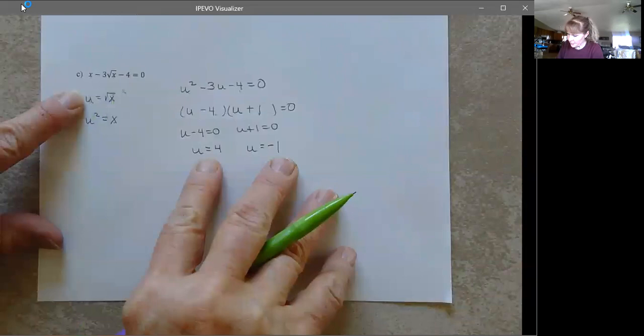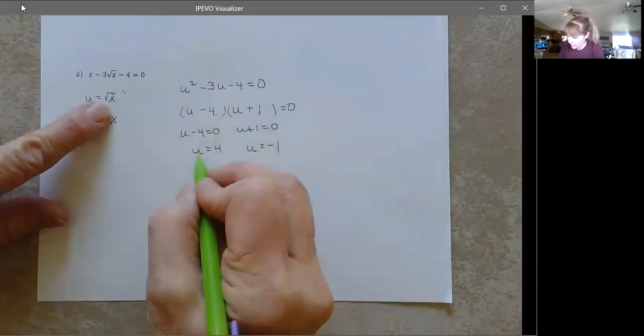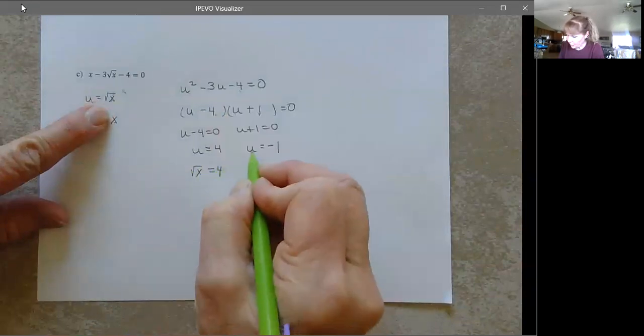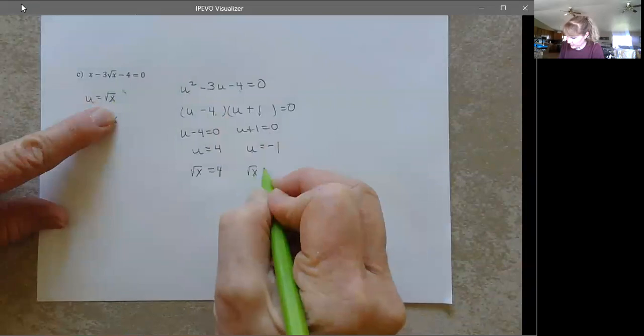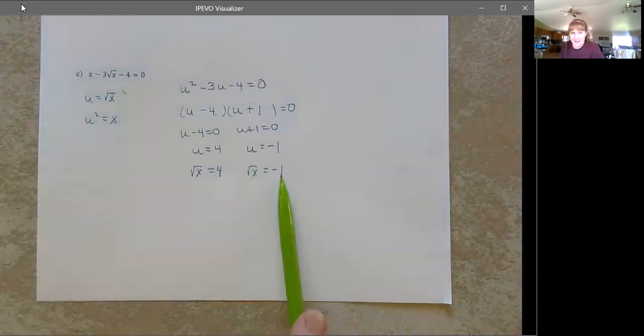So when you get to this point, substitute it back. U is the square root of x. Well, can the square root ever be negative? Only if we have imaginary numbers, which we won't have here.